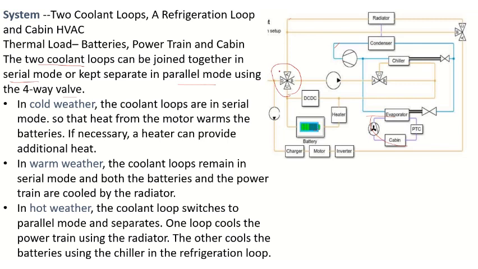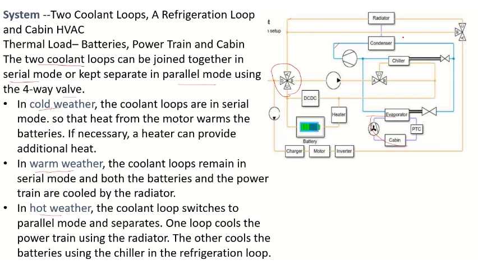We have two coolant loops and three different temperature scenarios. One is cold weather, which is completely cold conditions. Warm weather means lightly heated conditions, and hot weather means highly heated conditions.